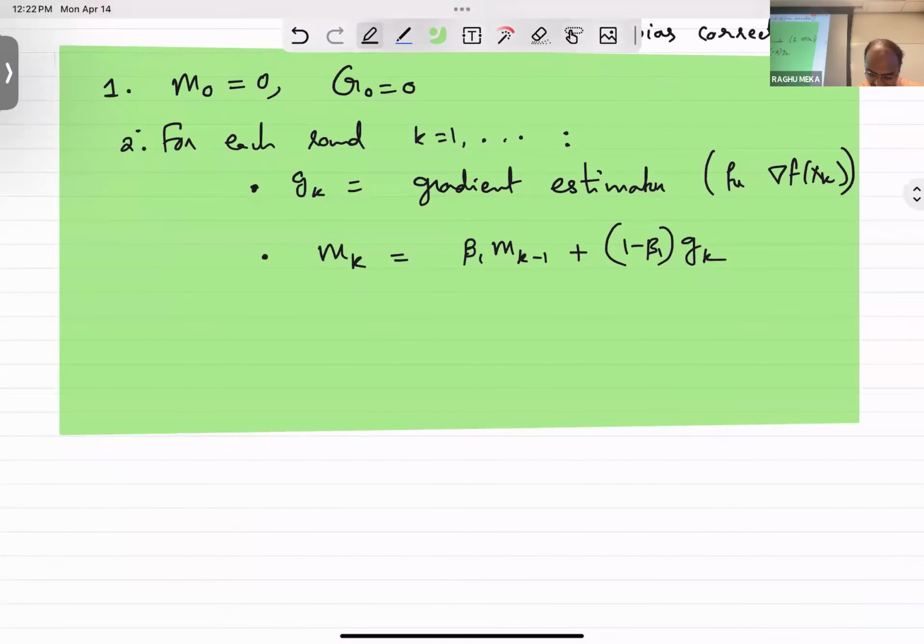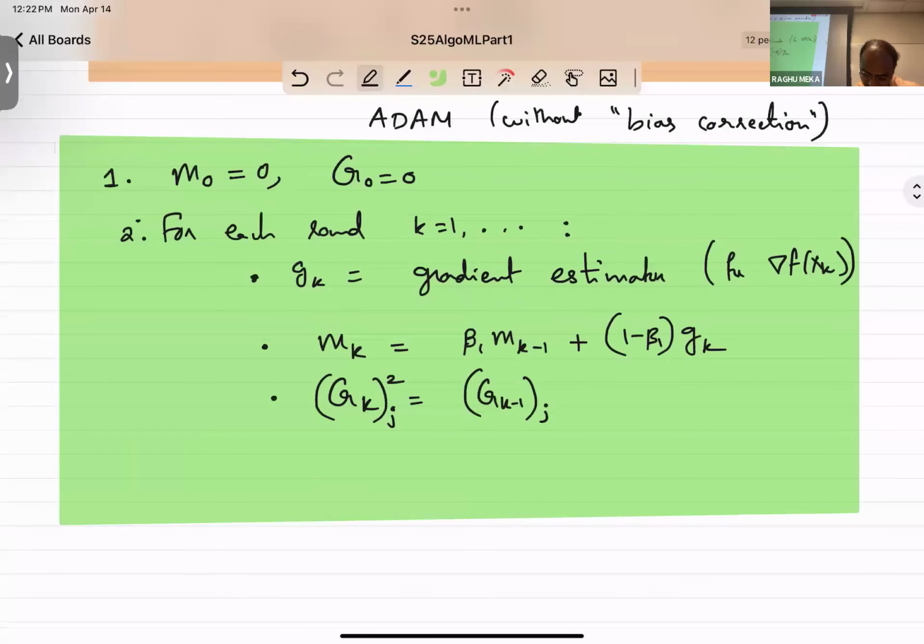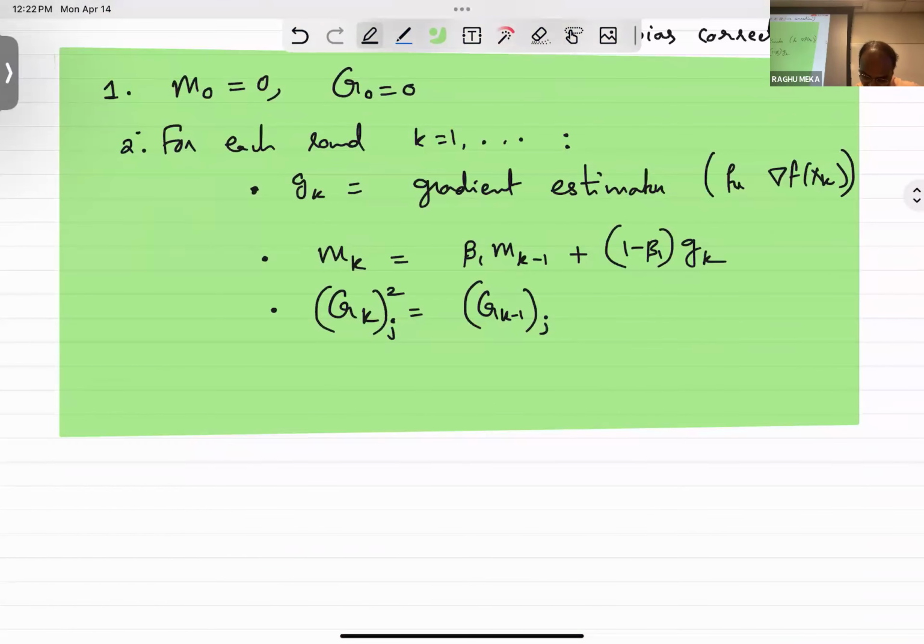And then you update the GK. So this is like, how did I write it down here? I wrote it down like that. So let me just write it down. Okay, I'm accumulating the squared gradients with this exponential decay factor. Okay.